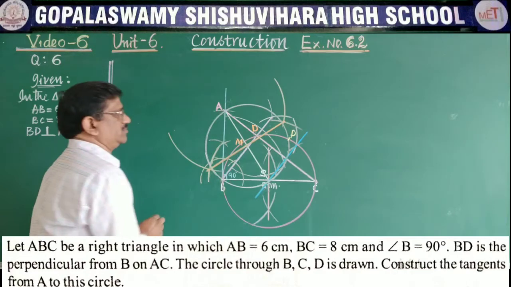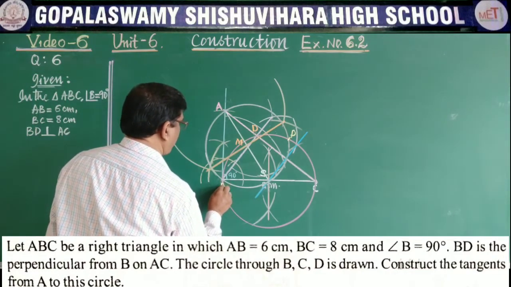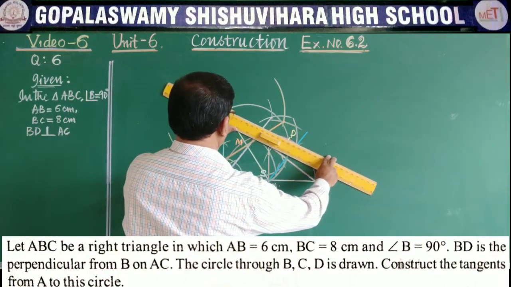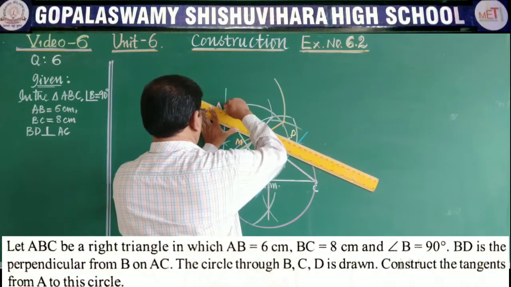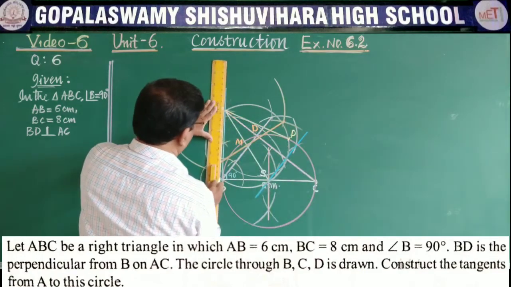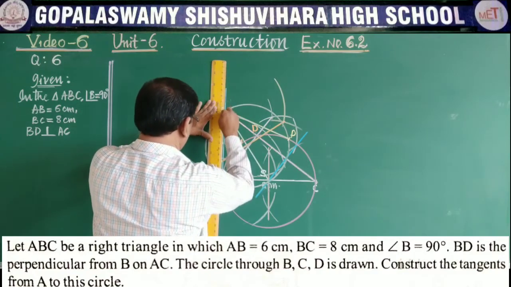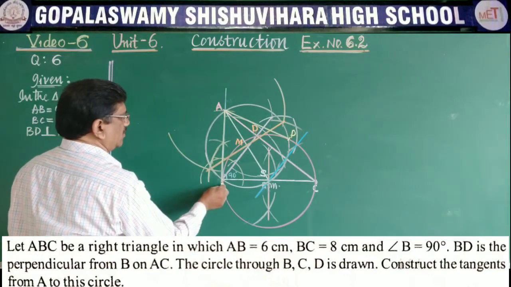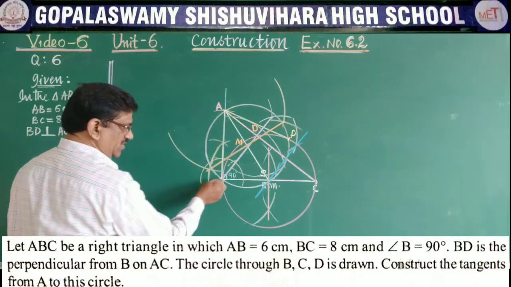Notice, so it is B. Now join AP and AB. Here B is already there, so I didn't give any name for this point.